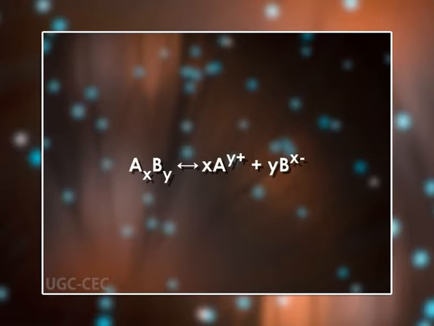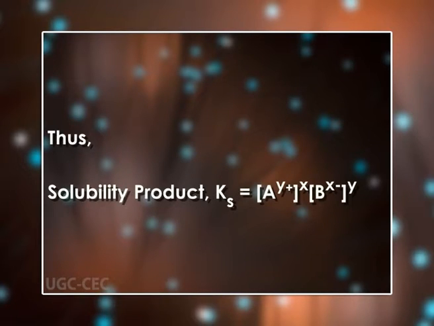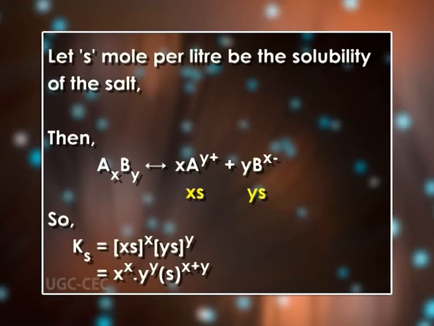AxBy gives x times Ay+ plus y times Bx-. Thus, solubility product Ks is equal to the concentration of Ay+ raised to power x and Bx- raised to power y. Let S mole per liter be the solubility of the salt. Then numerically, AxBy gives x times Ay+ plus y times Bx-.